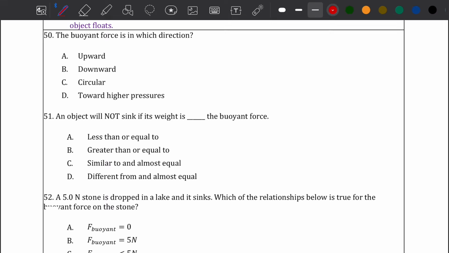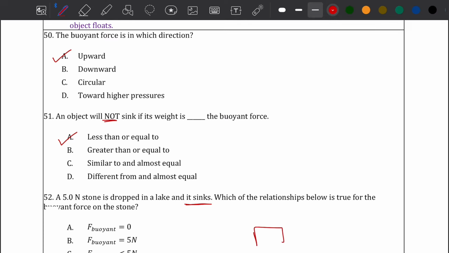Buoyant force acts in which direction? Very easy. It acts in upward direction. Object will not sink if its weight is less than or equal to buoyant force. An object sinks when the weight is more than the buoyant force. A 5 Newton stone is dropped in a lake and it sinks.